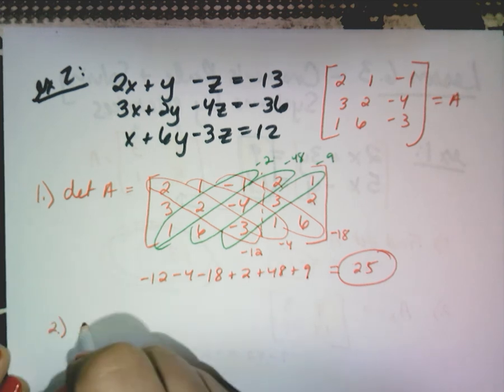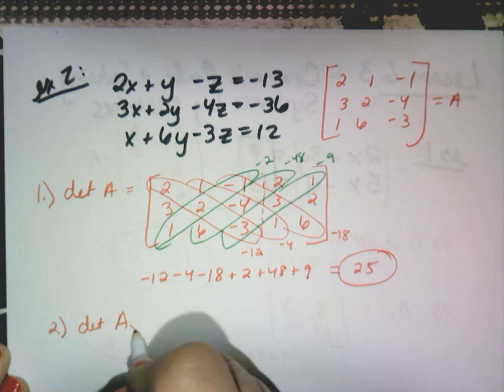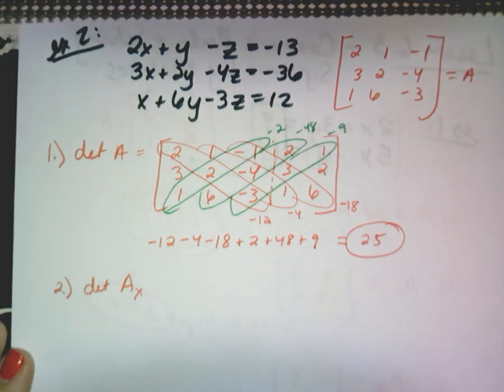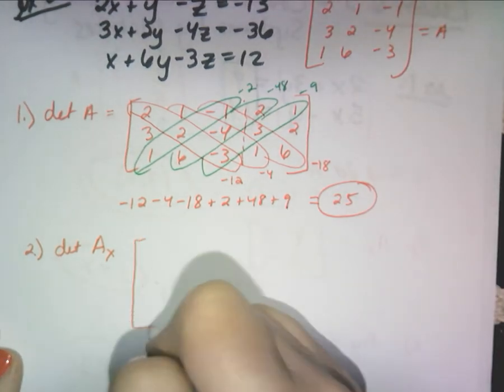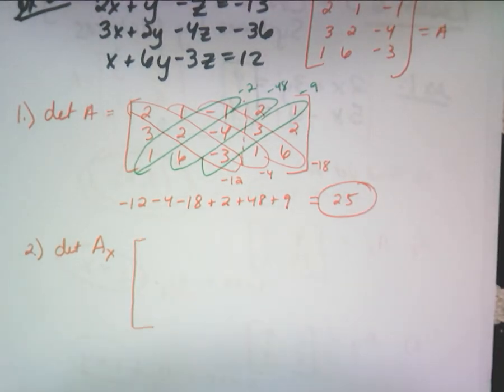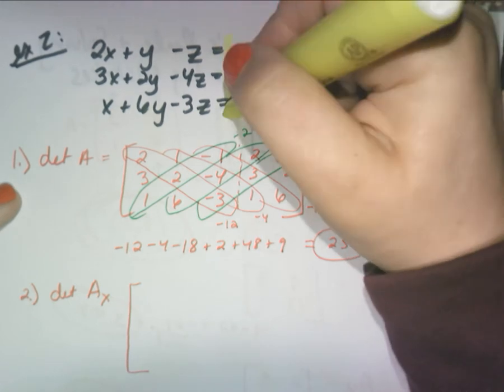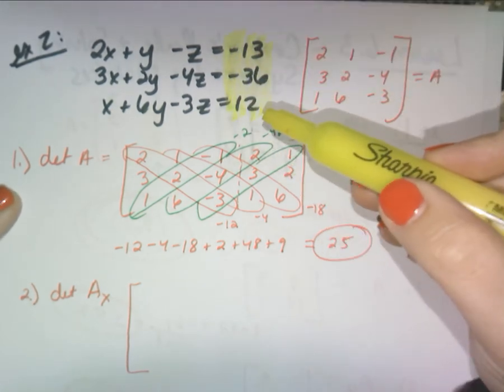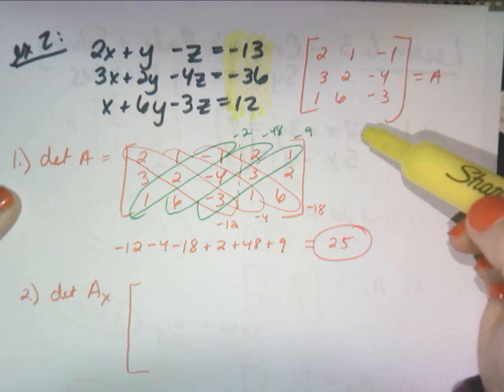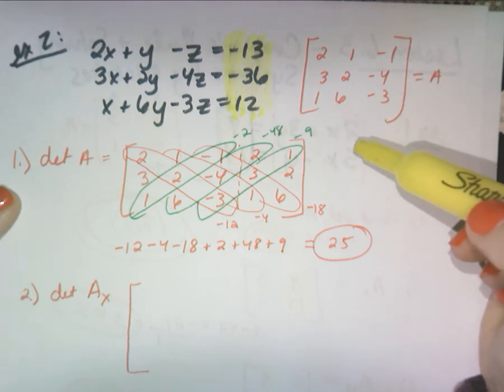So now you're going to create this new determinant of what's called AX, okay? And again, where am I getting this AX from? I am taking this -13, -36, and 12, and I'm going to replace it into matrix A, into the X column.